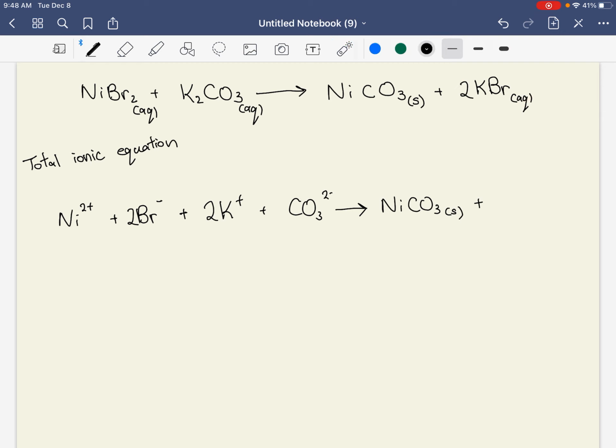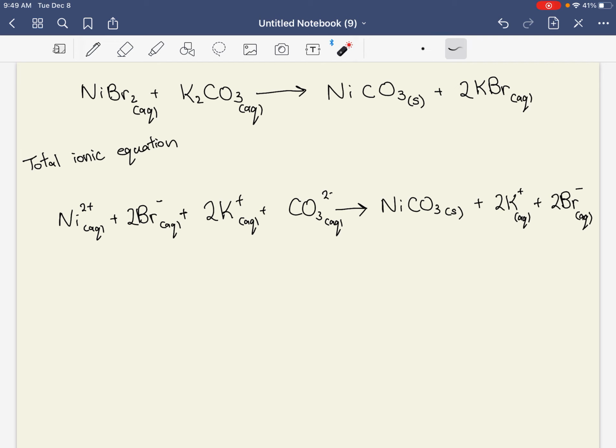So you have to take into account that there's going to be 2K and 2 Br. All right? You should really put in those AQ. Now, let's take a look at this. This is your total ionic equation, actually.